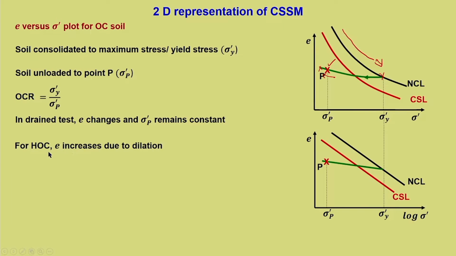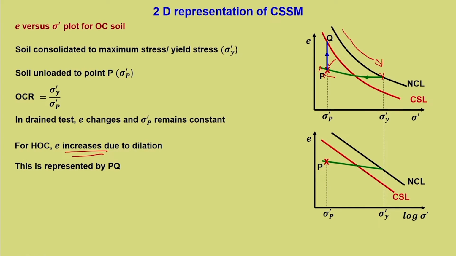For HOC, e increases due to dilation. Now, this is again another important fact which we should know. Otherwise, from here how the stress state would change, we will not be able to understand better. So, for OC, we know that it is dilation. Now, for dilation, what happens? e has to increase. So, how will the stress state move? This is represented by PQ. You can see that during shearing, it is moving upwards.